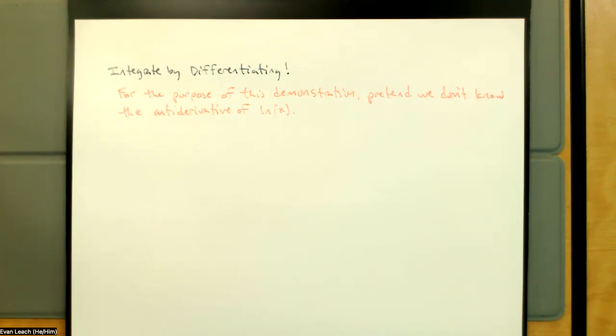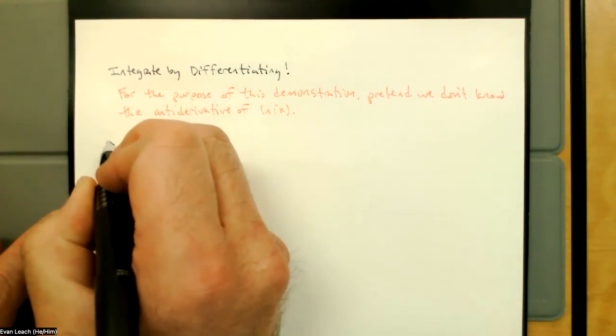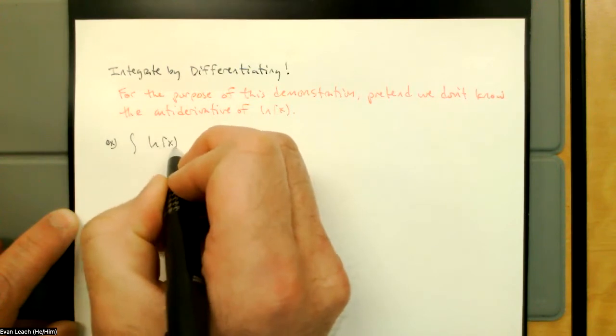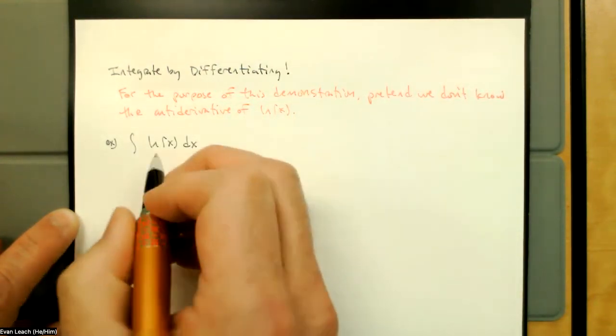And then for those of you who are fancy and come up with just subtraction ones, I'll say, okay, do the one that I'm thinking of now. And then I'll point out that it's you that made this a mind reading exercise. But that's all beside the point. We're going to pretend that we don't know the antiderivative of natural log of x.